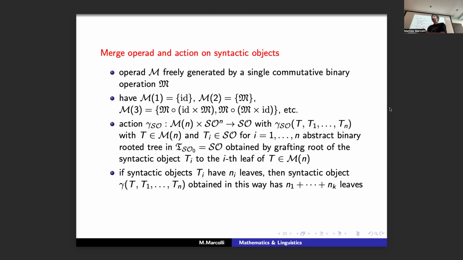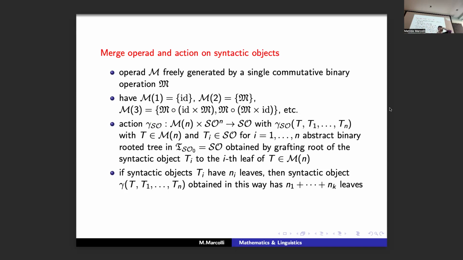We generate the magma of the syntactic objects, but now we can generate these as operations: all the possible compositions, iterations of this binary operation. And of course, you can think of these again as binary rooted trees.